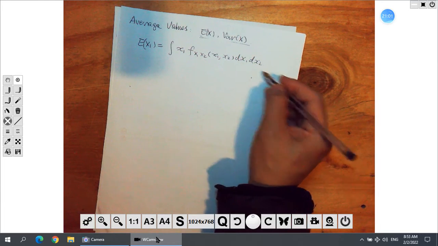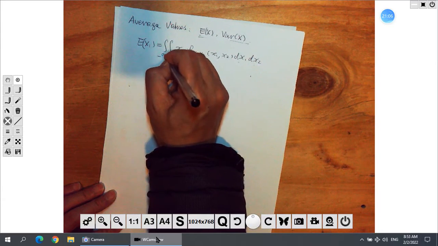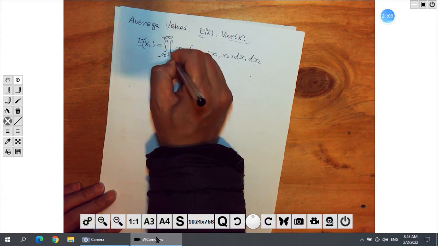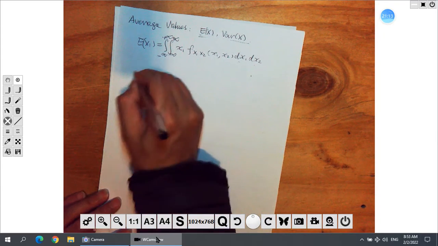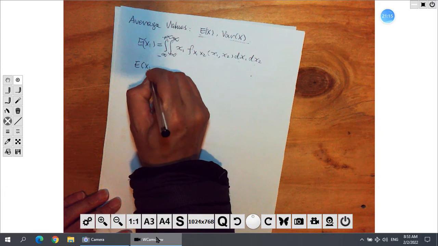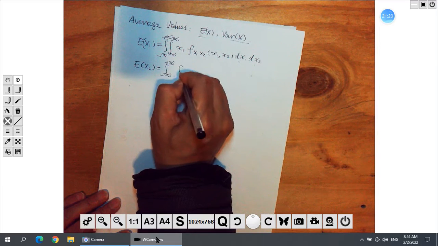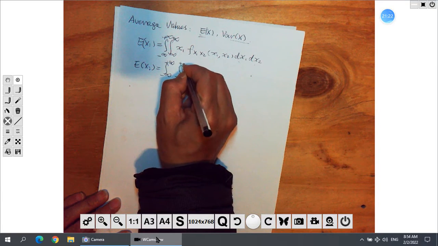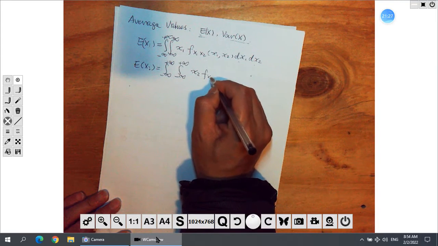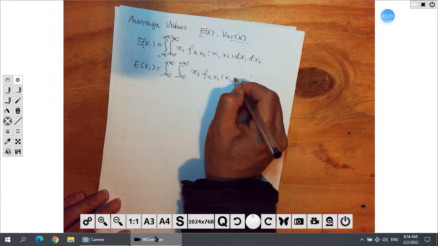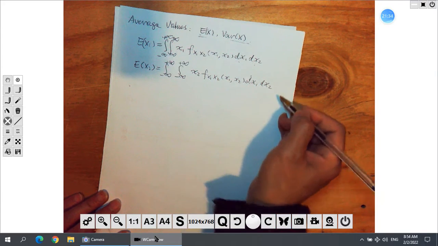Both x1 and x2 run from negative to positive infinity. And similarly, E[X2] is also an integral, and inside now is x2 times f(x1, x2) dx1 dx2. We always have this.